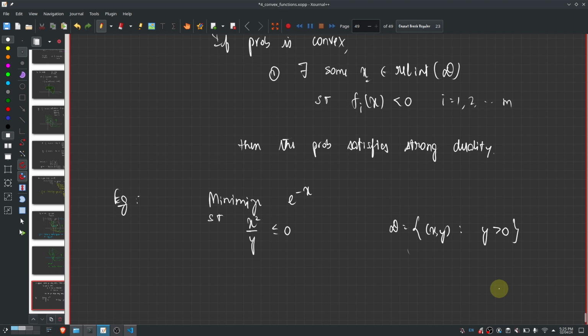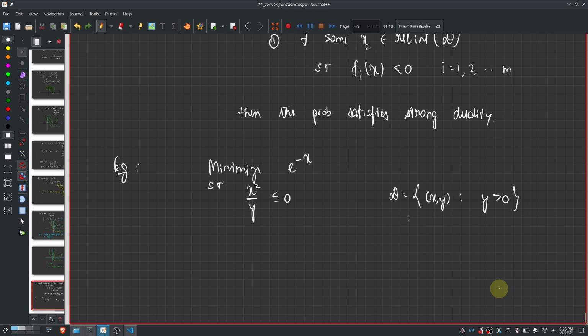So first I'll leave it as an exercise for you to show that this is a convex optimization problem. But let's suppose that it is. What is the minimum value? Can you guess? Once at x equal to 0, right? Because e to the power minus x is a decreasing function.